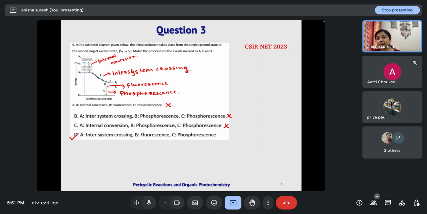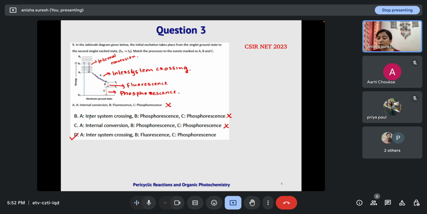And they have shown a radiative pathway from T2 to T1. We have seen fluorescence mostly from singlet S1 to S0, but this is also an example of fluorescence, as there is no change in the spin state. So B will be an example of fluorescence. Now they have marked T1 to S0, a radiative process, that is known as phosphorescence.